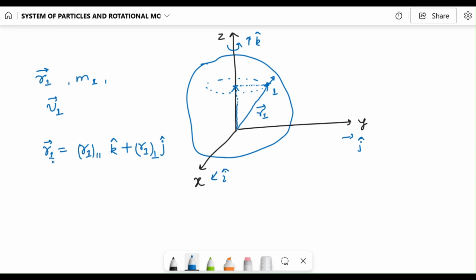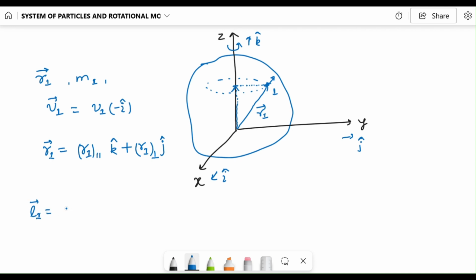What about velocity? The velocity vector, at this point, is along minus I cap. So we can write v1 minus I cap. Okay, now we can write the angular momentum for this particle, L1.